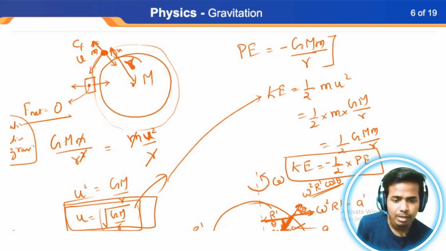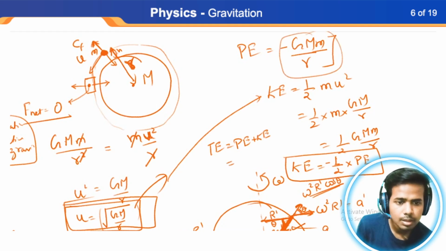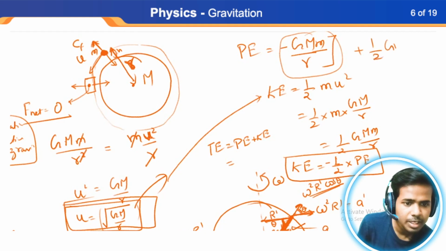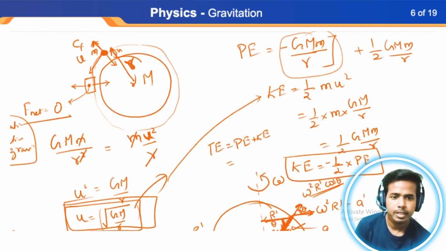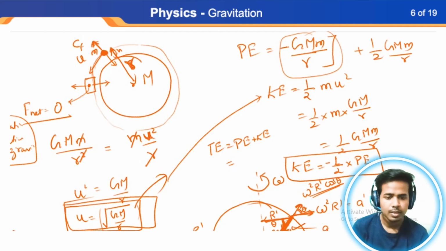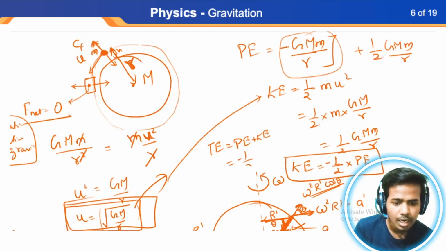And when you have to calculate total energy, it will be equal to potential energy plus kinetic energy, which will be equal to this thing plus half into G capital M small m by r. This is minus 1, this is plus half, so it will lead me to minus half into G capital M small m by r. This is the total energy of the satellite.